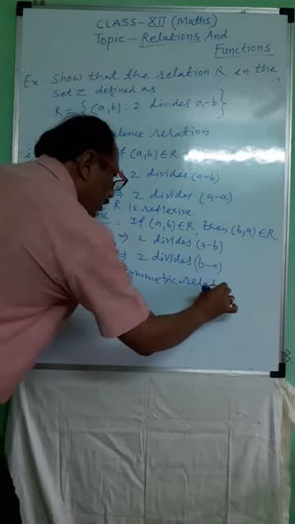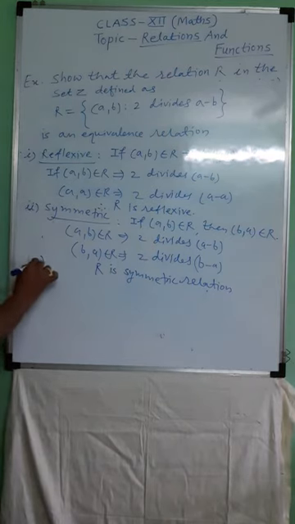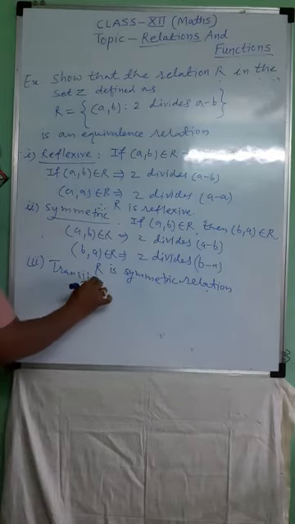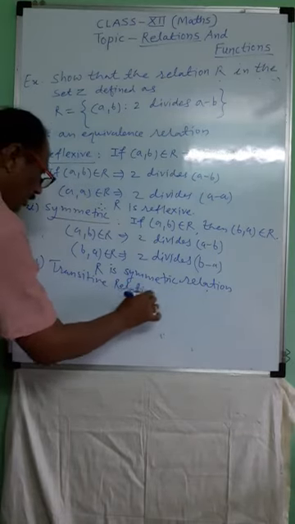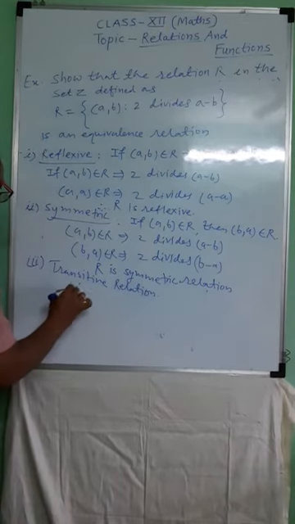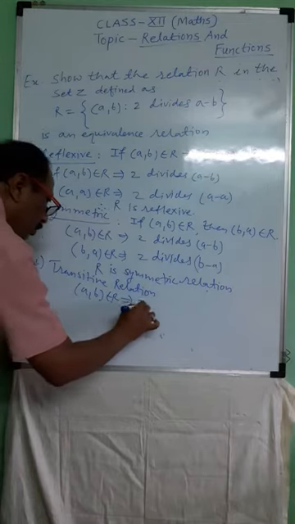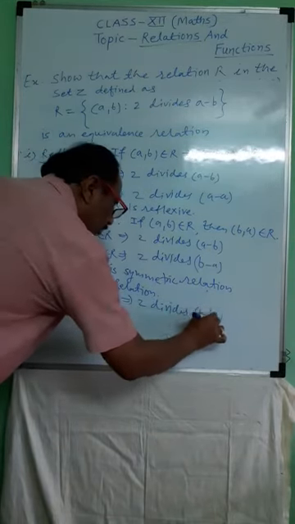In the third one, we take transitive relation. Let (a, b) belong to R. (a, b) belongs to R means 2 divides a minus b.